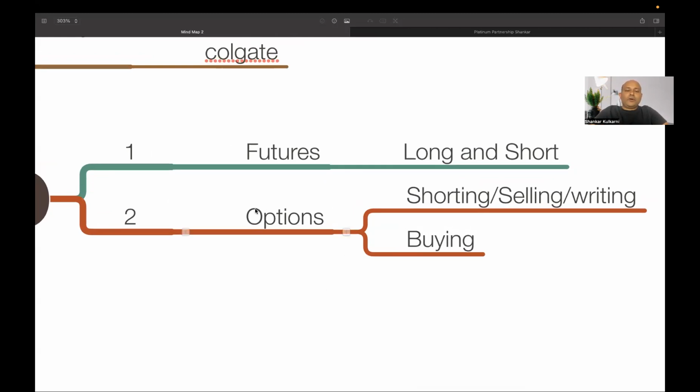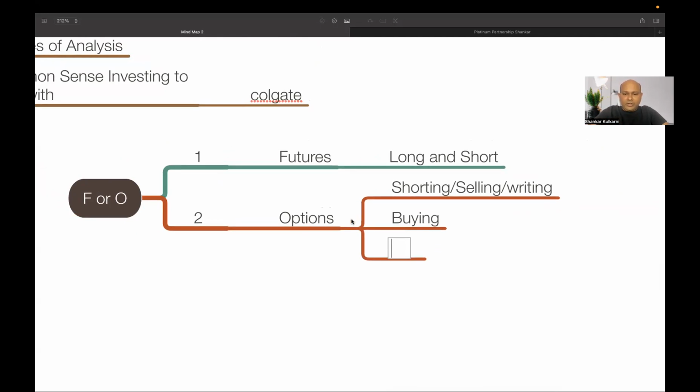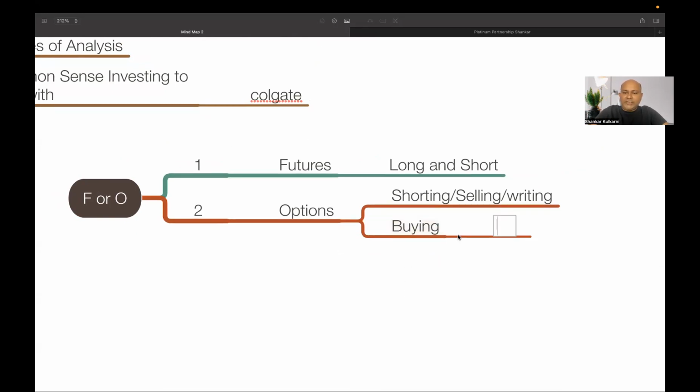Now, just to give you a quick idea of options. In futures, I'm not going into this. In options, how does the buying and selling look like? If you have bought an insurance by paying the premium for your age criteria, how many of you know that for different age, there is a different premium?